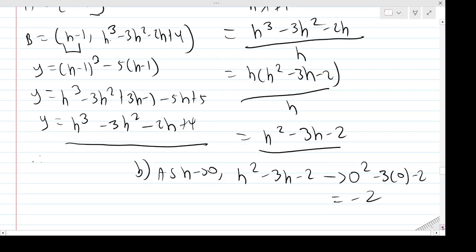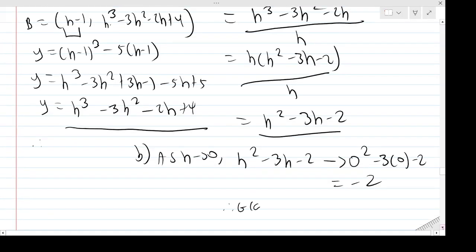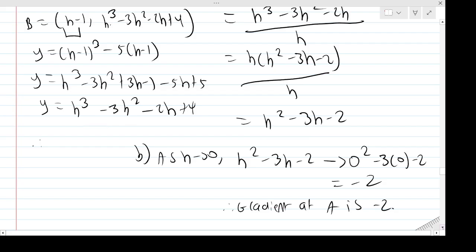Okay, so therefore the gradient at A is minus 2. And there we are. Cool.